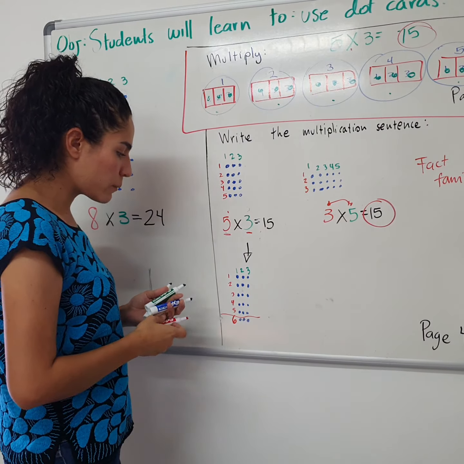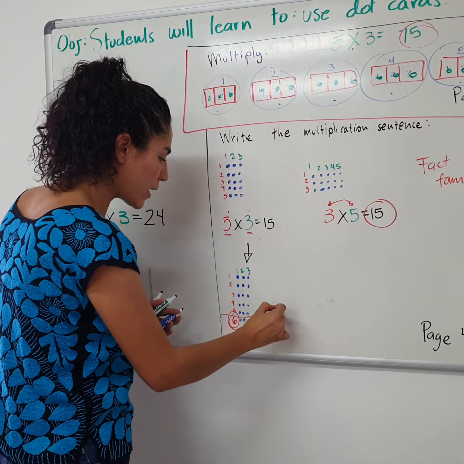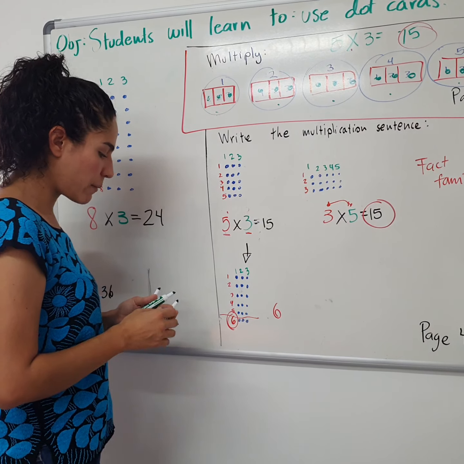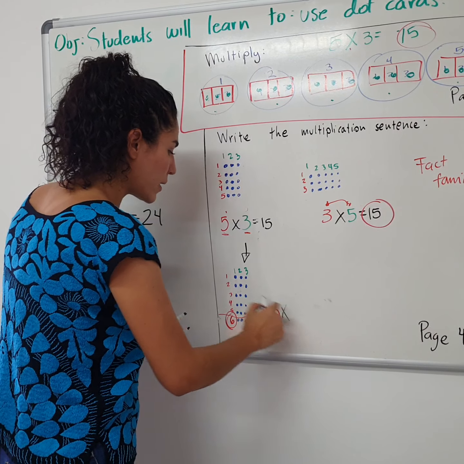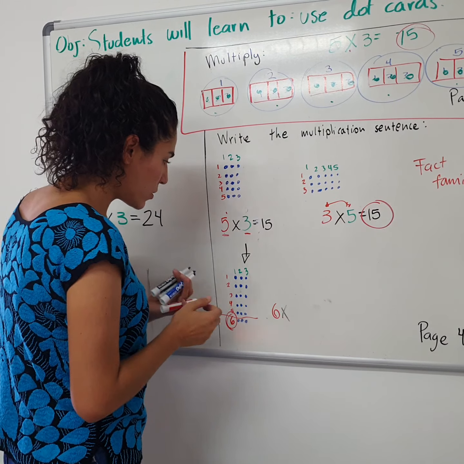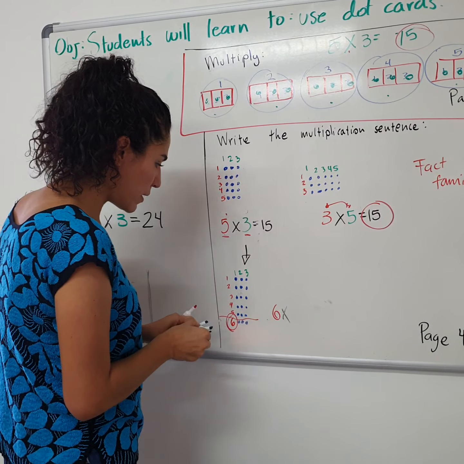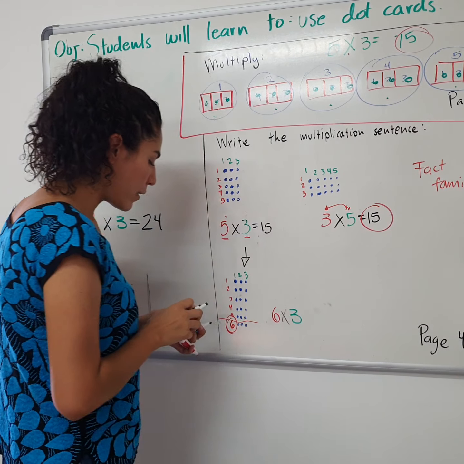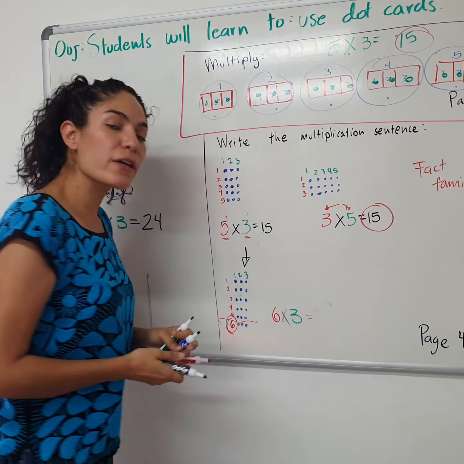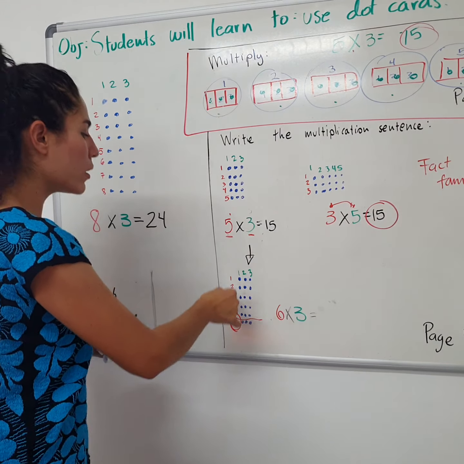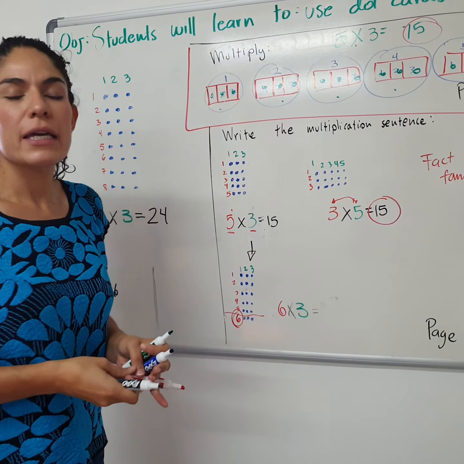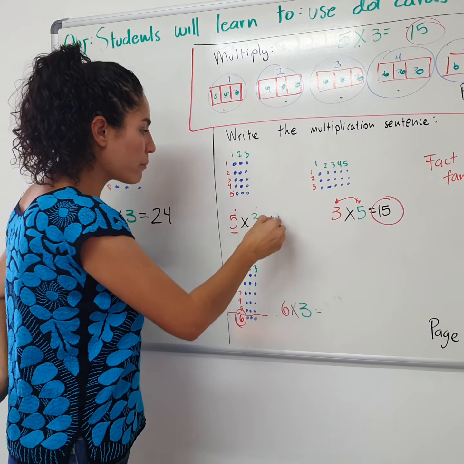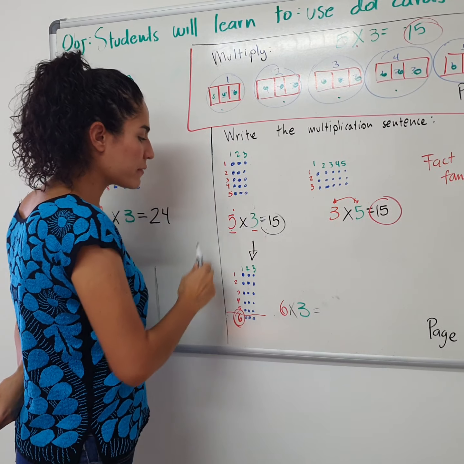If I need to rewrite that multiplication sentence, I know again that my number of groups is the number 6 times, and I know that the number is the same, it's the number 3. Instead of you going to count all of the numbers again, it is easier if you keep in your mind that 5 times 3 equals 15.